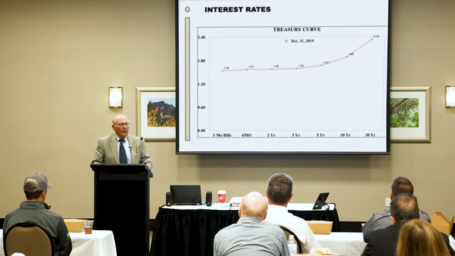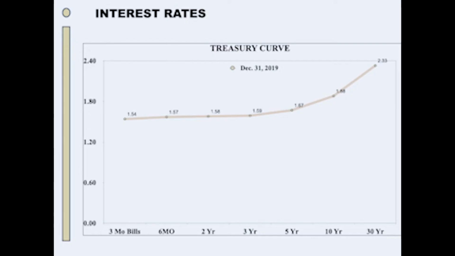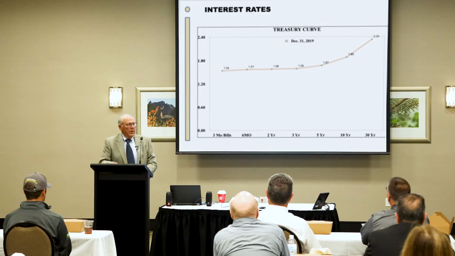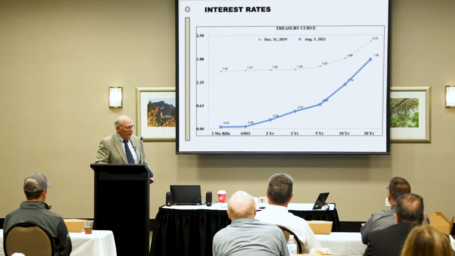yield curve in December of 2019, before the pandemic, before we began to shut down the economy. This is referred to as a flat yield curve because there's very little difference between short-term interest rates and longer-term interest rates. Over the course of 18 months and the Fed's monetary policy positions, look what's happened to the curve.